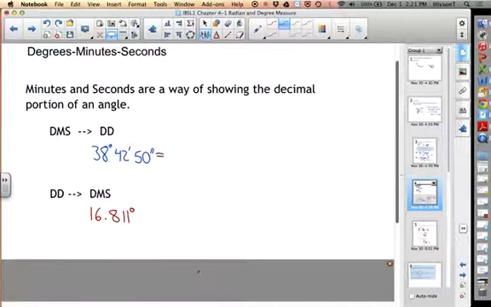If I have 38 degrees and I want to convert from DMS, that's degrees, minutes, and seconds, to degrees with decimals, you'll see these abbreviations on your calculator, or if you're looking up this topic anywhere. You'll see DMS and DD. What's DD again? Degrees with decimals.